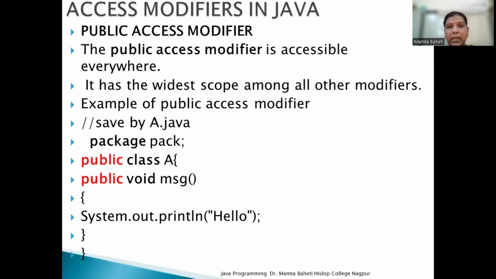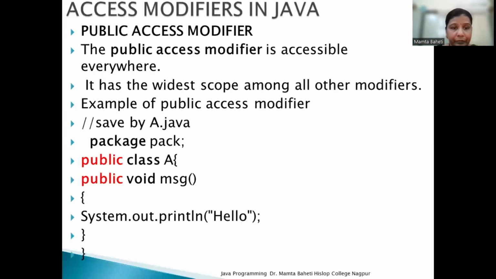Then the public access modifier is used for classes, methods, and data members. Whichever class, method, or data member is public can be used or accessed beyond the scope of that class or package.